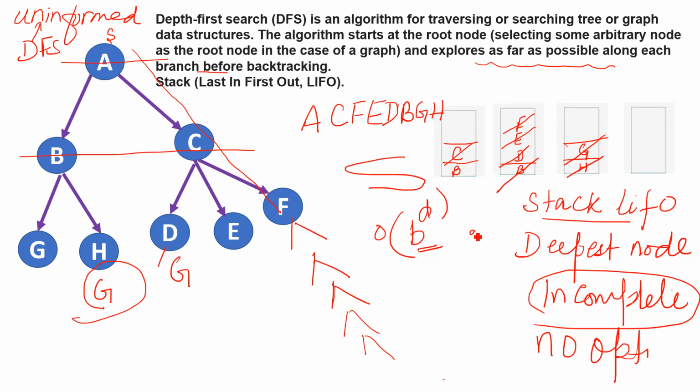So B, branching, means 2 and then this is our depth 0. This is, sorry, this is 1. This is 2. 2 raised to power 2 means 4. It will take maximum 4 moves to reach here, if we have two kids from each branch. If we have three kids from each branch, so branch is 3, right?